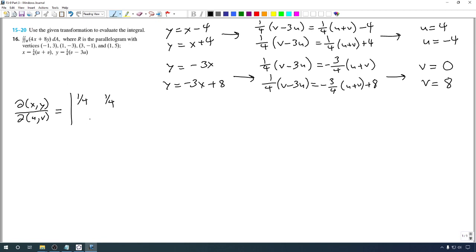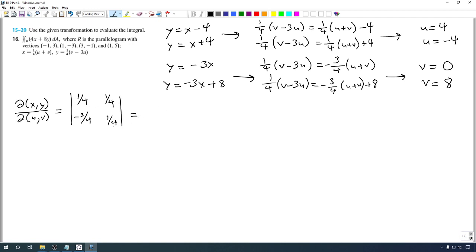Then we have the partial derivative of y with respect to u. Well, the v here is first, so we're really looking at the u back here. We're going to have 1/4 times -3, so we have a -3/4. And then the partial derivative of y with respect to v, that's just going to be a 1/4.